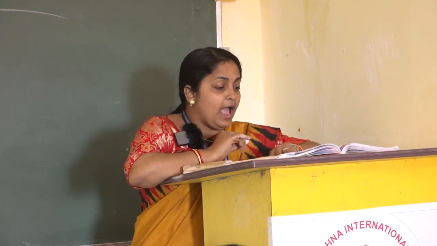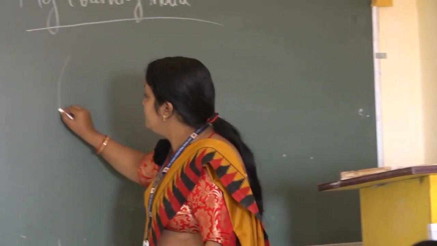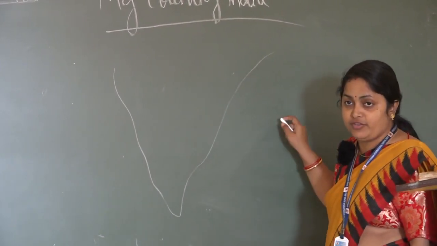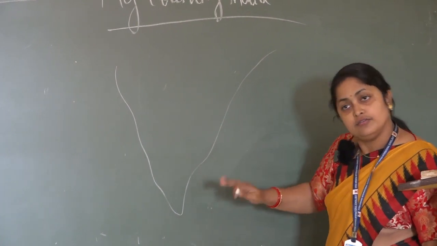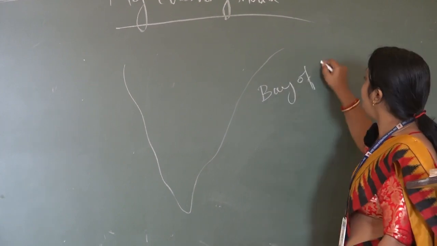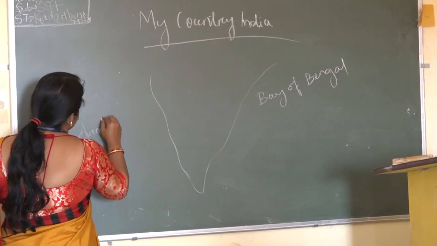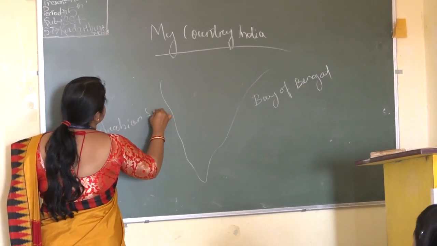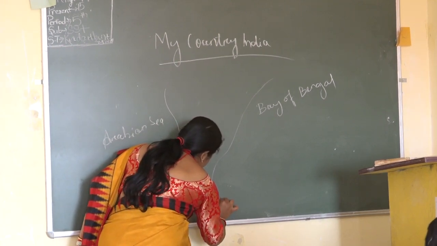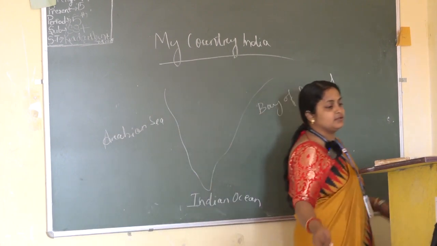Okay. And in geographical terms, India is considered a peninsula because the southern part is covered with water on three sides. On the eastern side it is the Bay of Bengal. On the western side it is the Arabian Sea. And in the south it is the Indian Ocean.